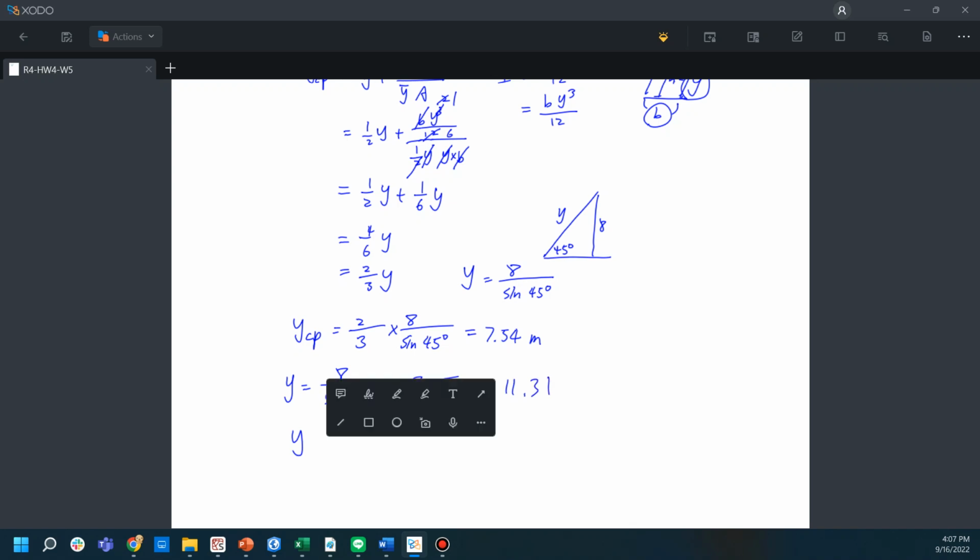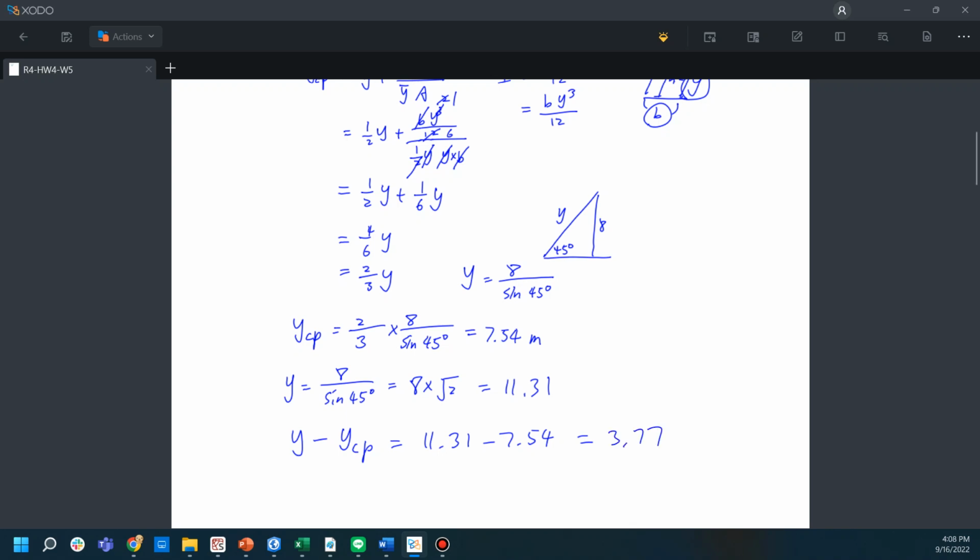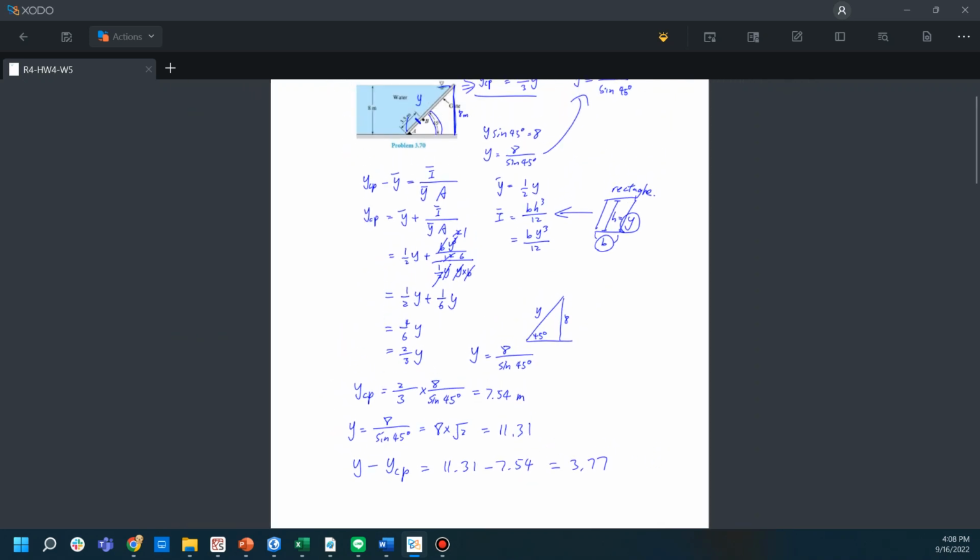So Y minus YCP, 11.31 minus 7.54 is equal to 3.77. Okay, so what does this actually mean?